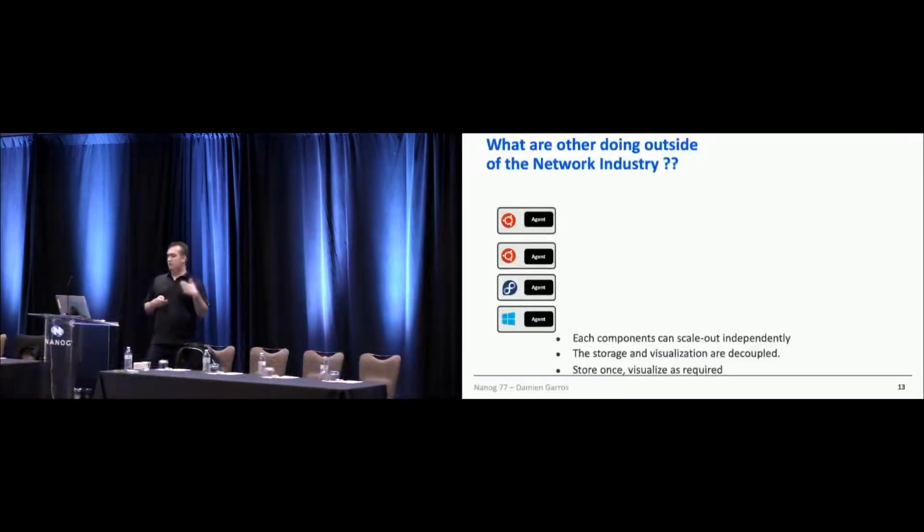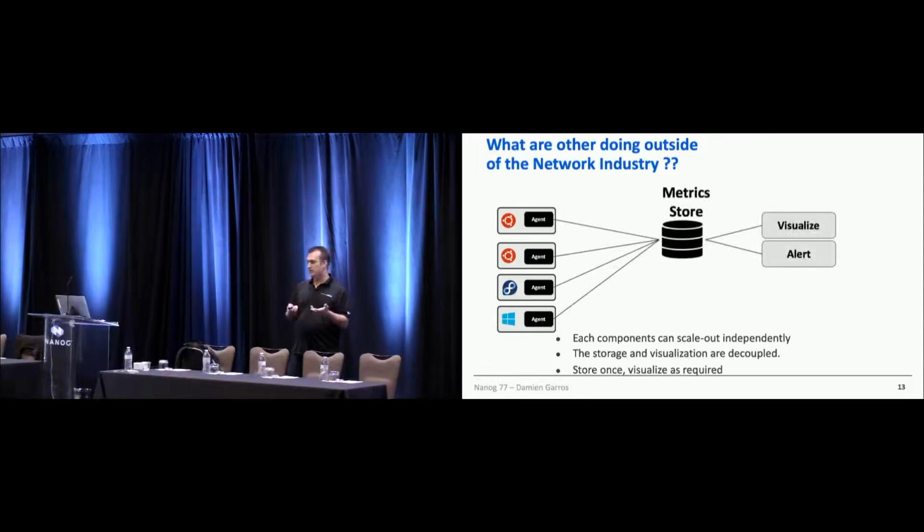So how are others doing outside of the network industry? I usually like to look at the server infrastructures, because in terms of automation and monitoring, they are usually a couple of years, if not more, ahead of us. On the server side, the way it works is you usually have an agent running on the server that will be in charge of collecting the data.